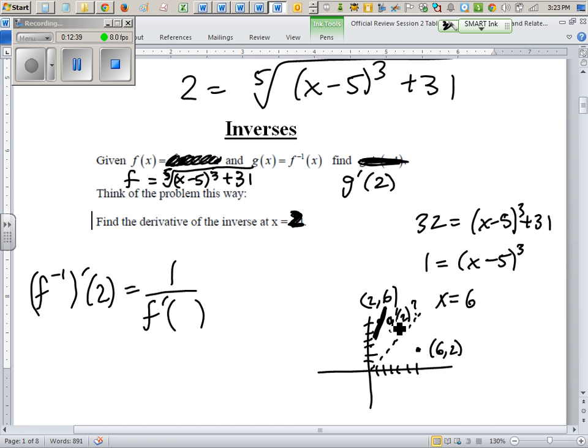We're going to find its derivative, but we're going to plug in 6. It will give us the reciprocal of the derivative of the inverse at 2. It's kind of confusing. So let's go ahead and find f prime of 6. We'll flip it over, and that will give us the same thing as f inverse prime at 2. If that makes sense. All right, so go ahead and do that. Now you have to find the derivative of f.